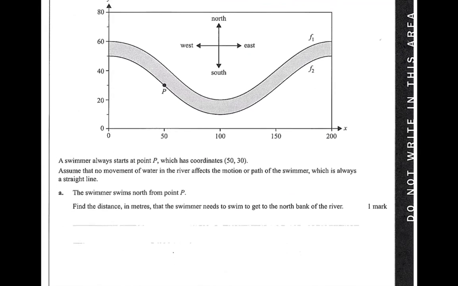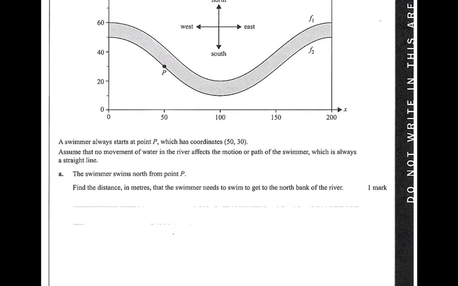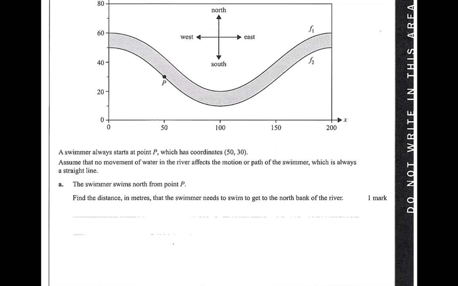Okay, a swimmer always starts at point P, which has coordinate 50, 30. So we label that coordinate 50, 30. The swimmer swims north from point P. North means, okay, like that, vertically upwards. Find the distance in meters that the swimmer needs to swim to get to the north bank of the river.